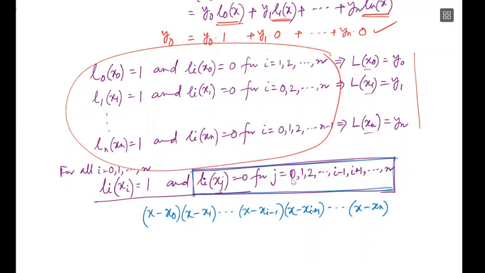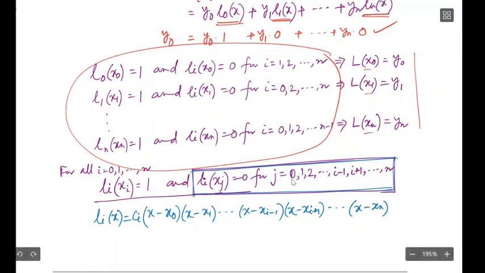When they are multiplied, that will give a polynomial of degree n itself. So, Li(x) can be taken as some constant, suppose Ci, times this one, because Li(x) becomes 0 at x0, x1, x2, xi minus 1, xi plus 1, xn.